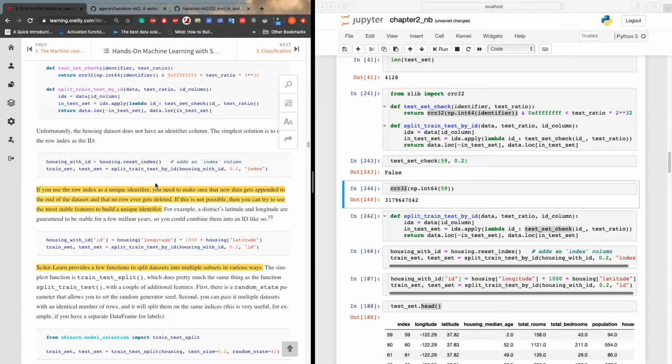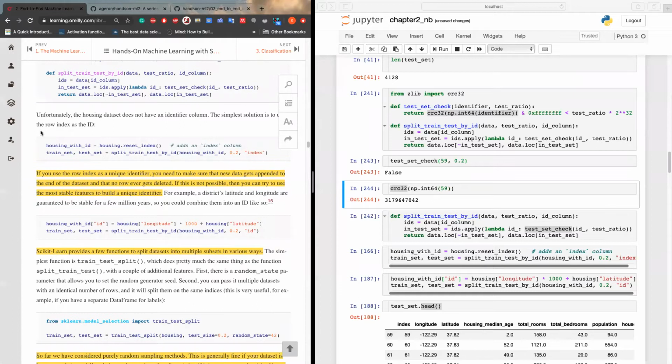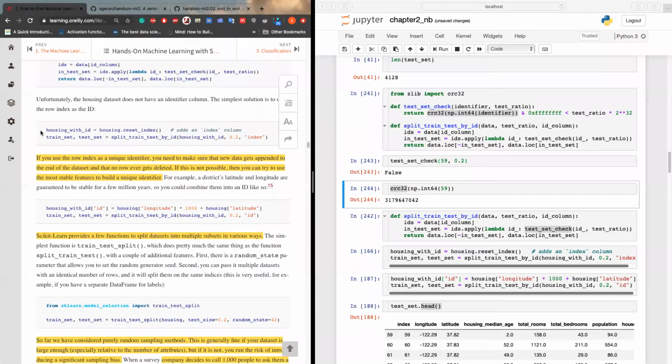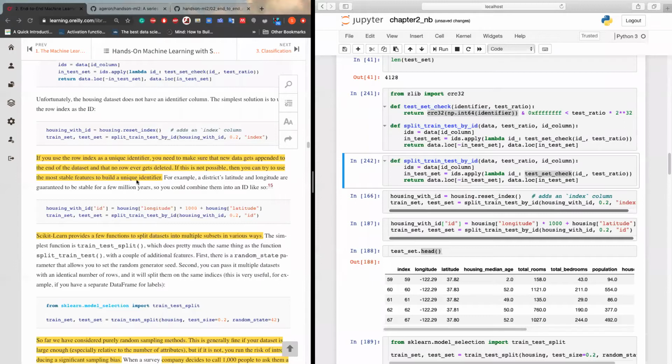Okay. Just to summarize then, the hashing gives you a mechanism so that you can create data sets that will always be the same, no matter if you add data and so on. Those data will get sorted into training and validation sets in a repeatable way, so that at every stage, when you have all your data together, you can ask for the training and test set, and after you incorporate new data, it's repeatable.